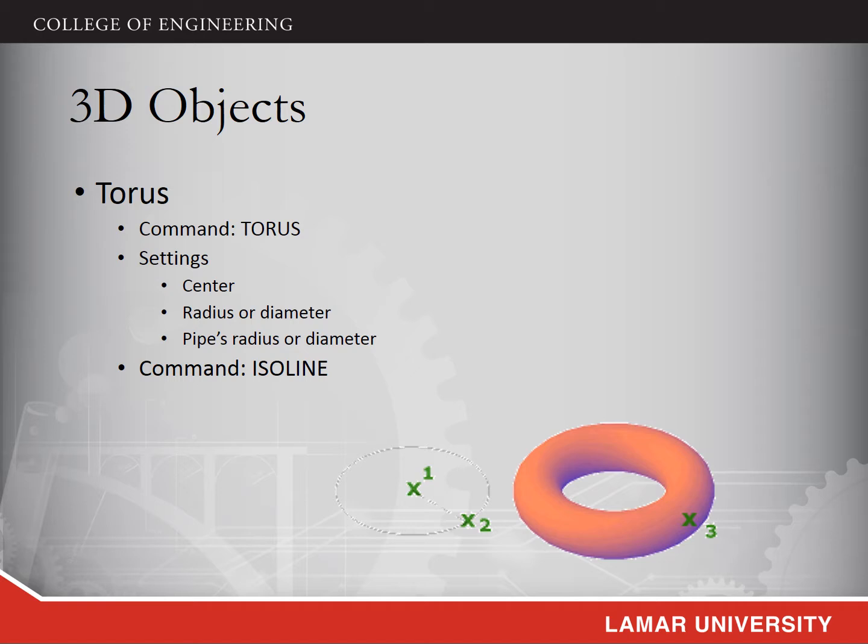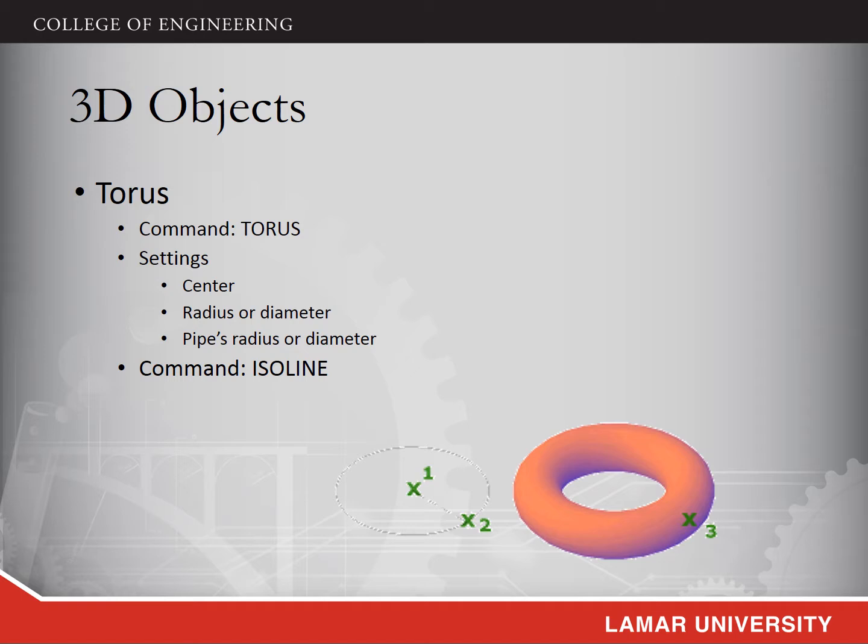The torus is also commonly used in three-dimensional drawings. The command is just torus. Actually, the generation of the torus is very simple. First, you have to specify the center of the torus, and then you have to identify the radius of the axis for the torus, or the diameter for that axis.